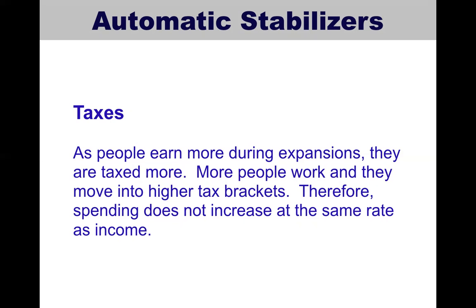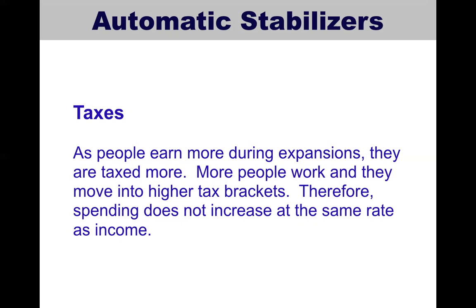There's more stuff to organize. You also have people working overtime, so they're going to earn more money. So across the economy, people are earning more money. But because they're earning more money, they're actually paying a higher percentage of their money to taxes.